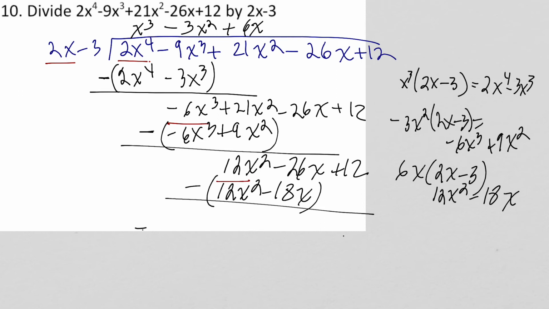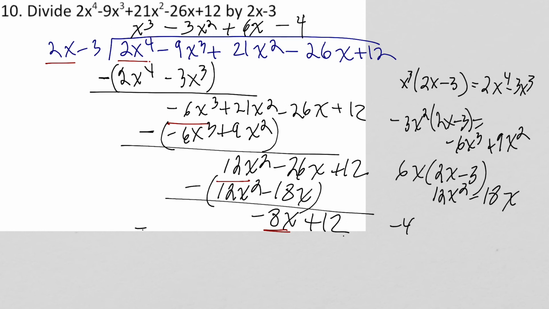-26 minus -18 is -8x. Bring down the plus 12. One more time again. 2x now into -8x. So I need a -4.